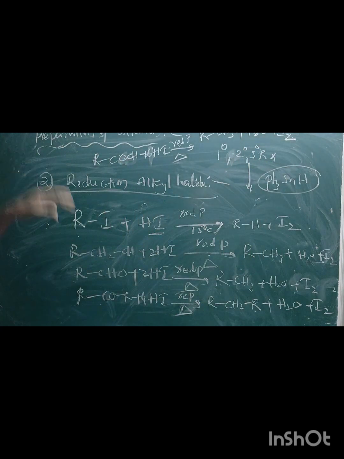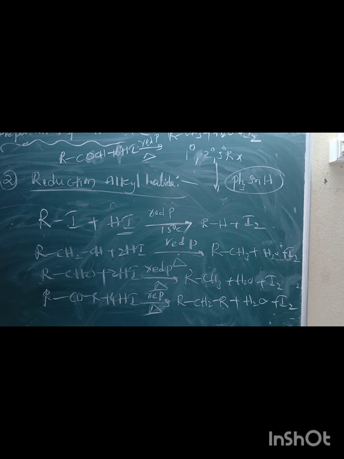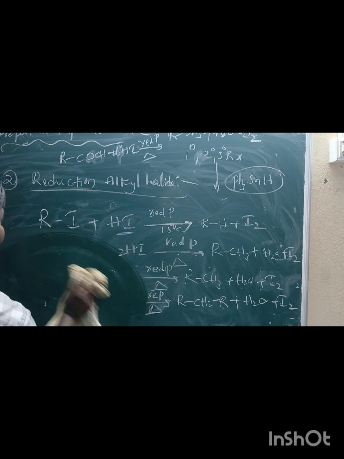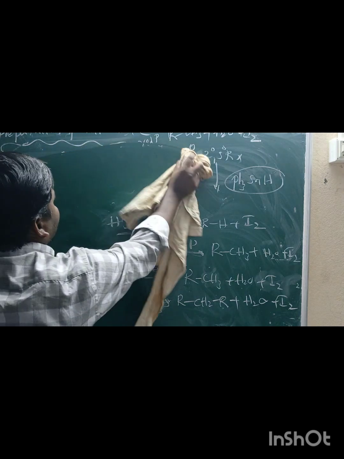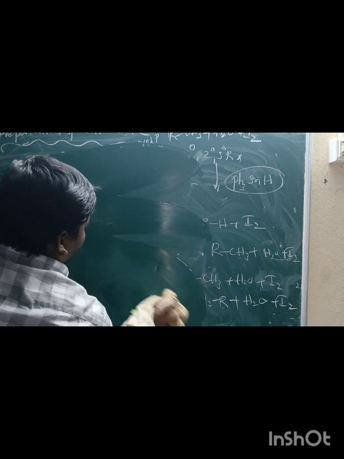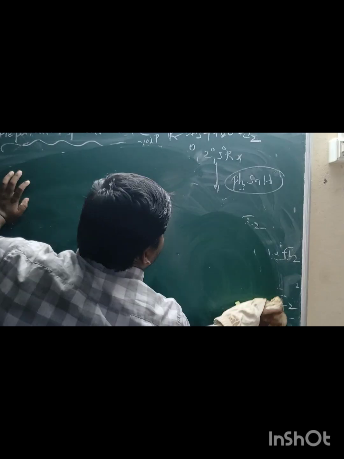These are the preparation methods of alkanes from reduction of alkyl halide. And another one is hydrolysis of alkyl magnesium halide.